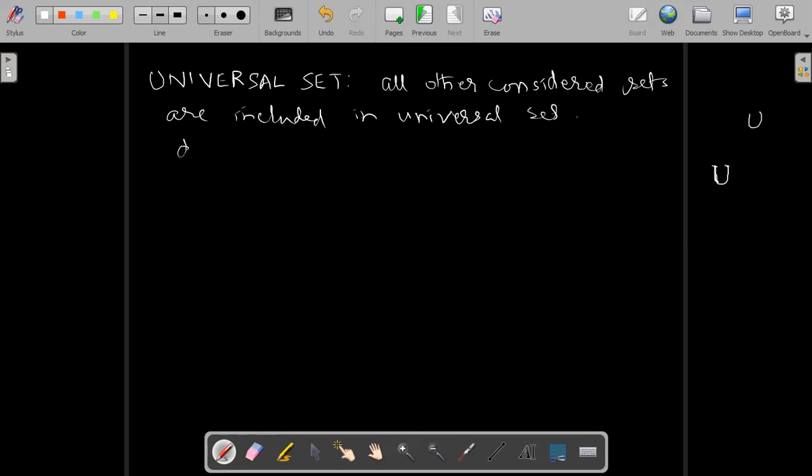In general, in the textbook they use the bold letter U, so we cannot draw the bold letter, so we generally use U and make it like this. Do not confuse this with union. This is the symbol that will come in the next part, union and intersection. So for universal set, use this one.